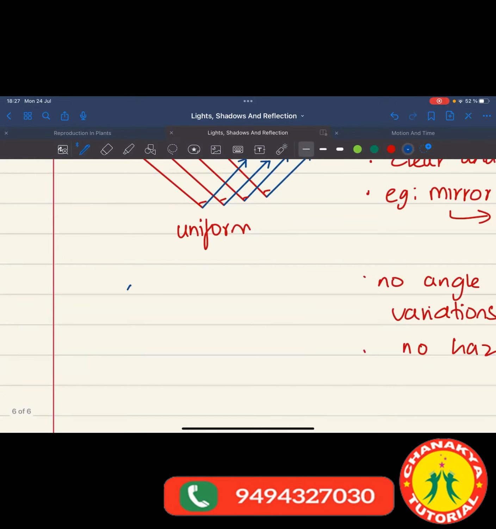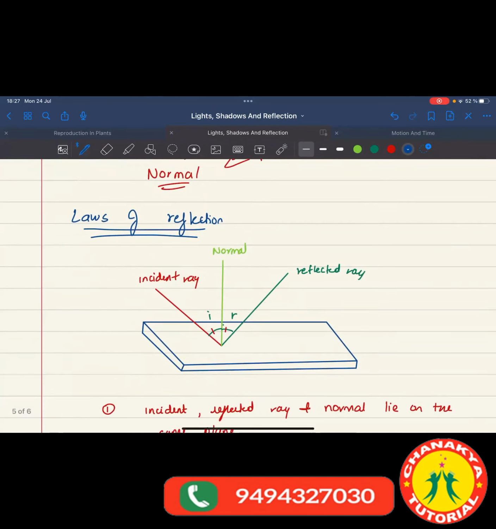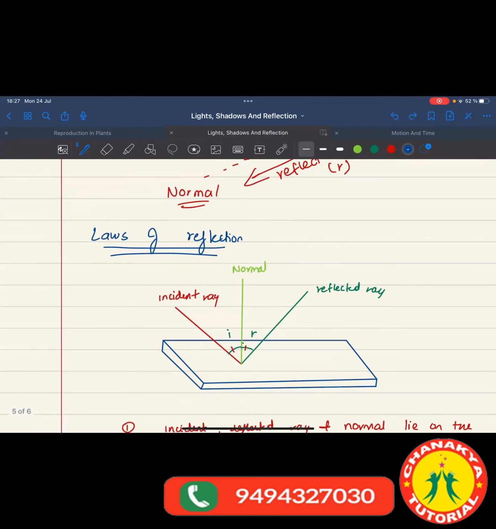If angle R is equal to 40, what will angle I be? Ma'am, 40. 40 only. Why? Because it follows the law of reflection. Okay.